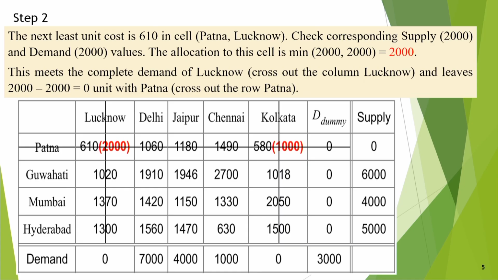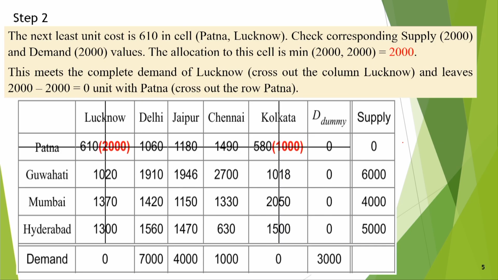Otherwise you make a rule that you can strike only one thing, a row or a column, and one remains. So there, if need be, you can supply the 0. Otherwise if you cross out the column and row both together, then it is possible that you may not be able to get the total number of allocations.